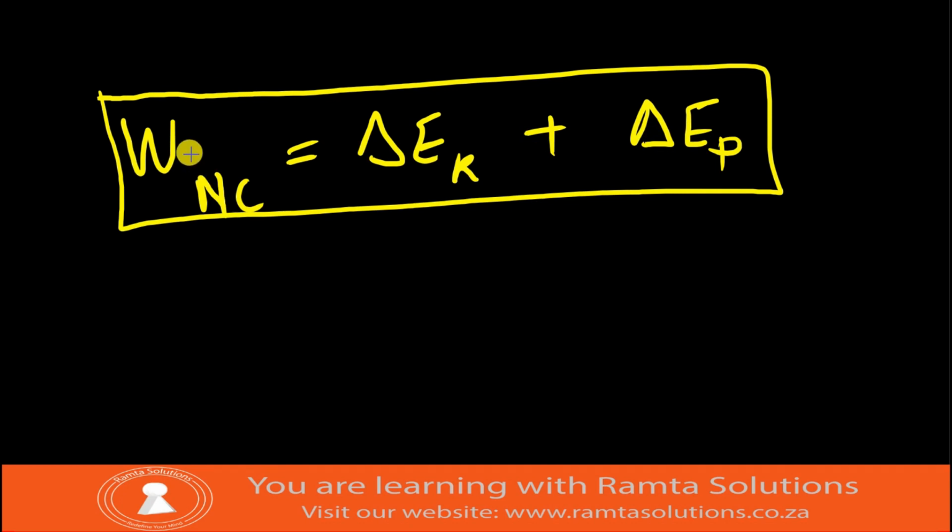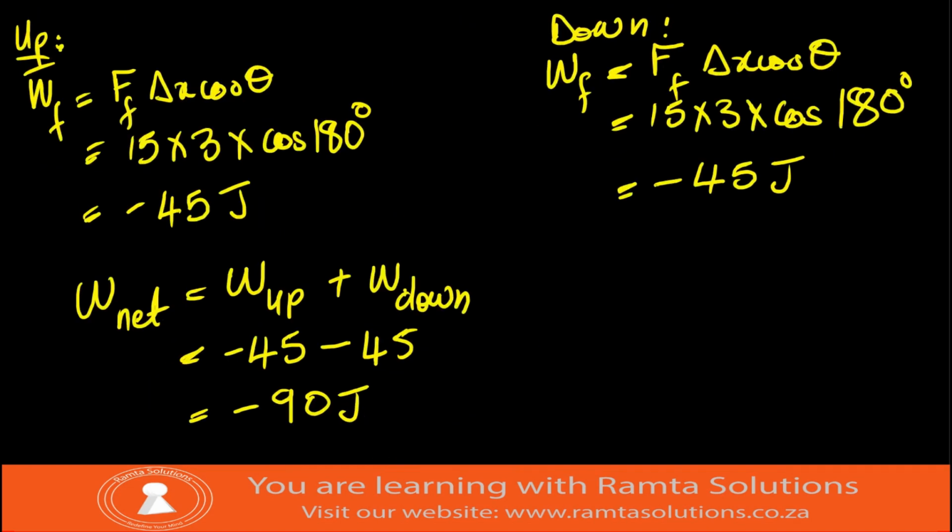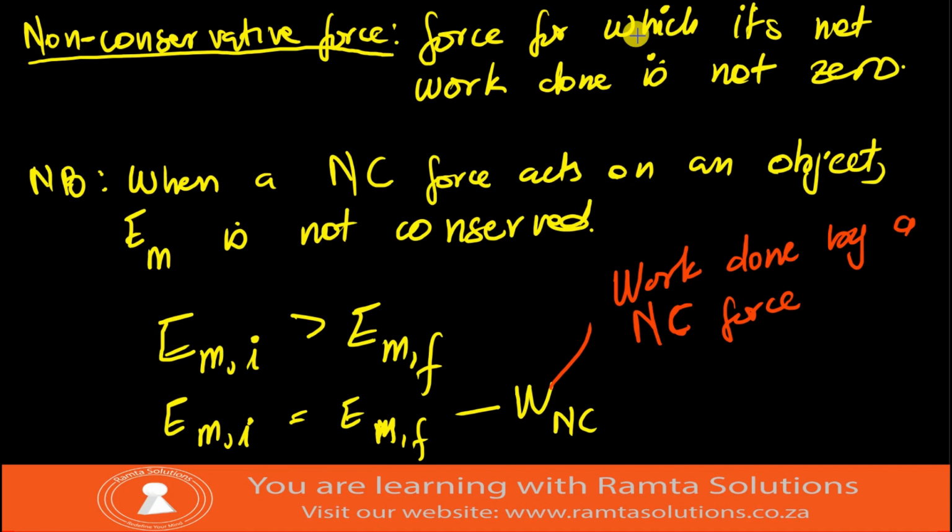Remember, non-conservative forces are those whose total work done is not equal to zero. I have shown you here that the work done by a non-conservative force is not equal to zero. Can you guys see that? And the definition: a force for which its net work is not zero.